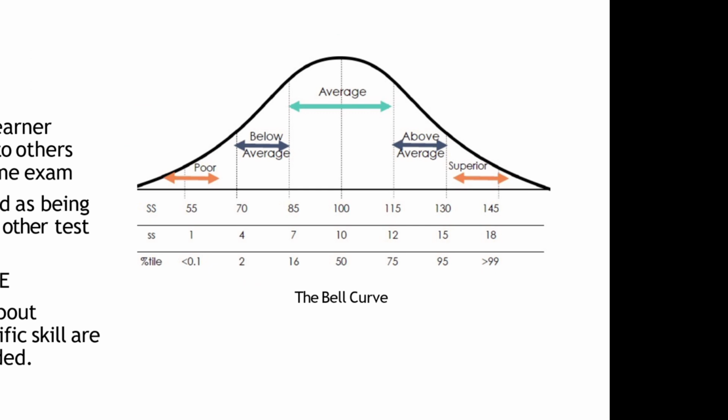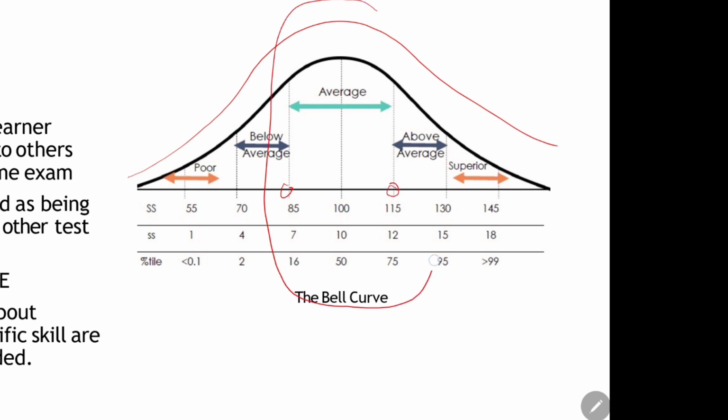Okay, usually for NRT the scores follow the bell curve. The bell curve shows the norm performance of the students, where students normally get scores of, for example, around 85 until 115 as the norm output in SAT and also GRE.